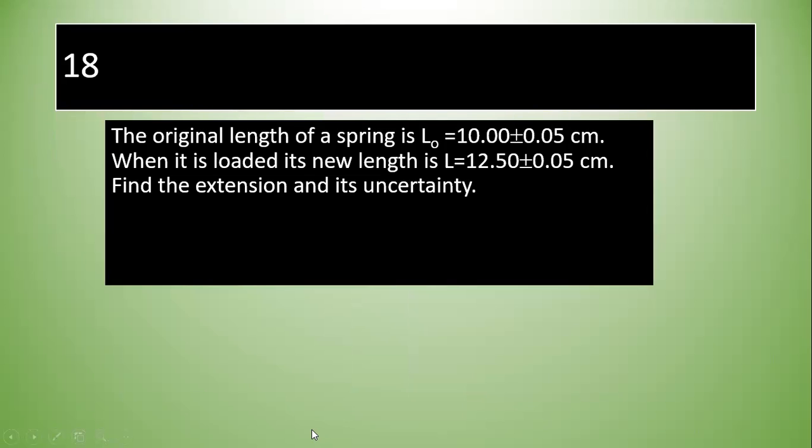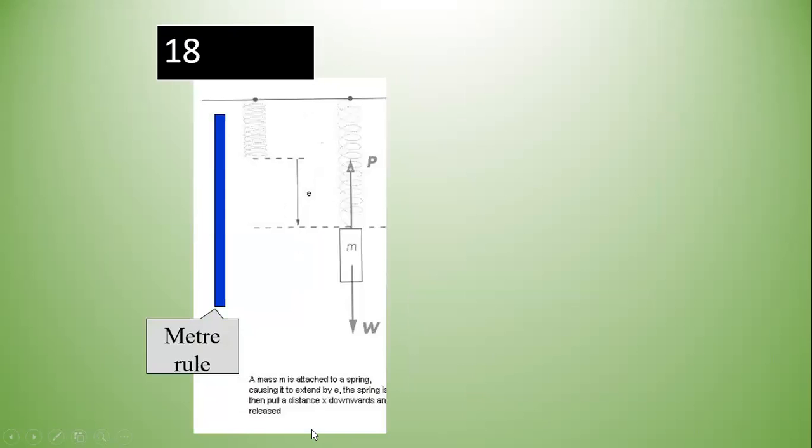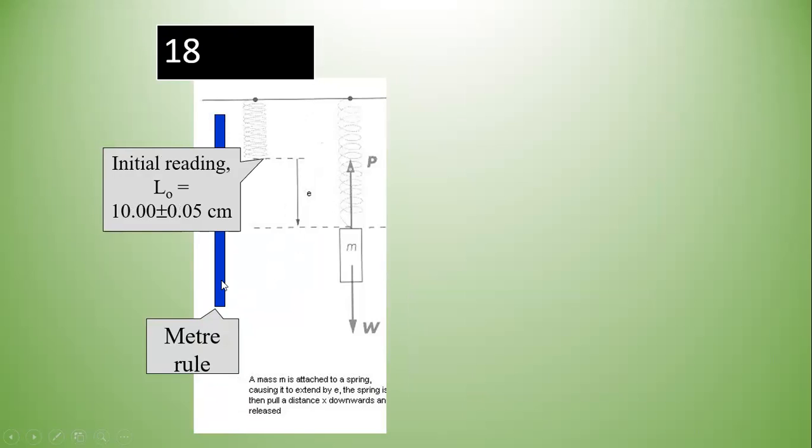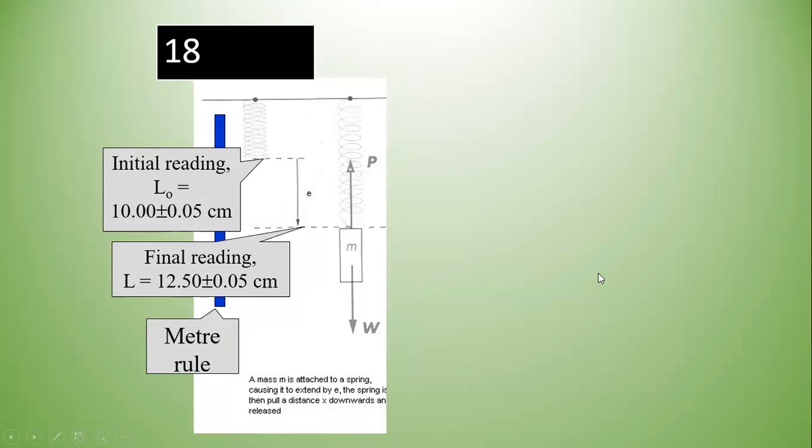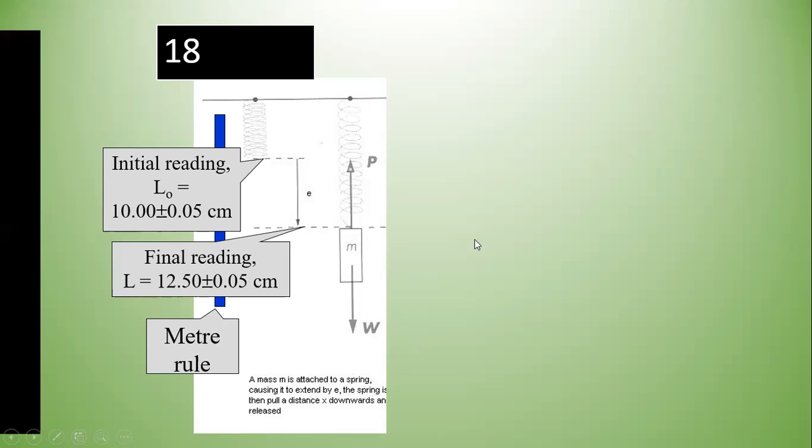You will do an experiment. There's a spring, there's a meter rule. So that's the initial length, the initial reading or original length, 10.00 plus minus the uncertainty in reading. And you have a final reading, you read again, 12.50 plus minus 0.05 cm.